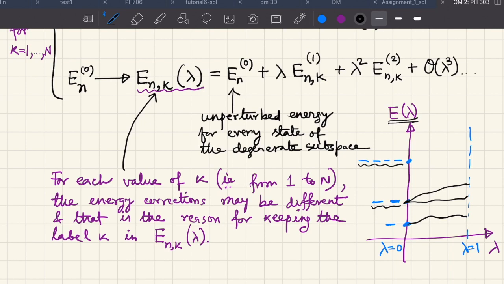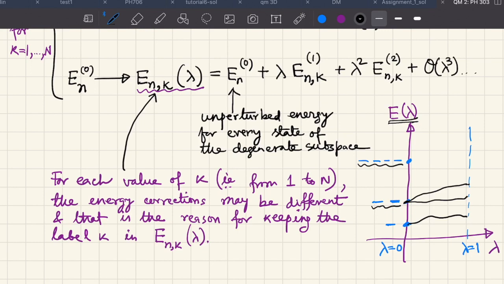And we can calculate things easily if it is resolved at the first order. If this degeneracy is not resolved at the first order, then it will make our life harder. But we will come to that in a later part. But for the time being, the reason for introducing this k is that these energy corrections may be different for different values of k.